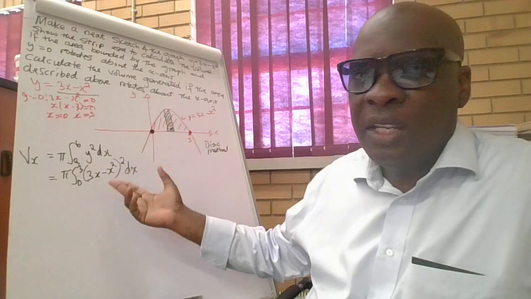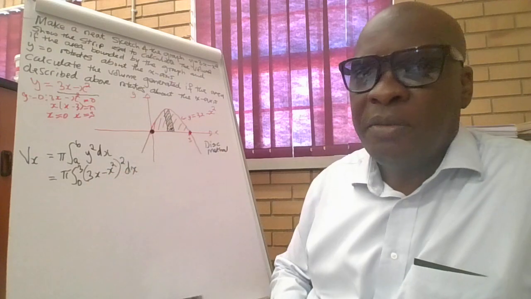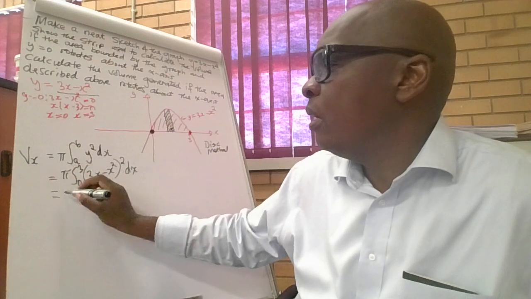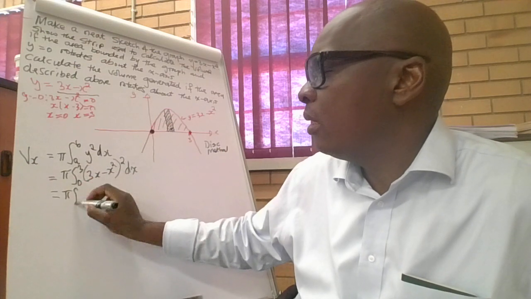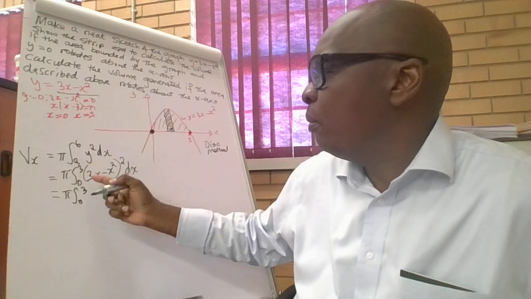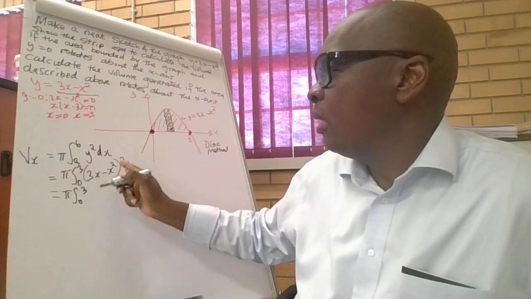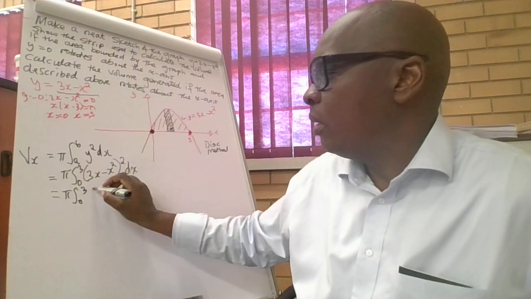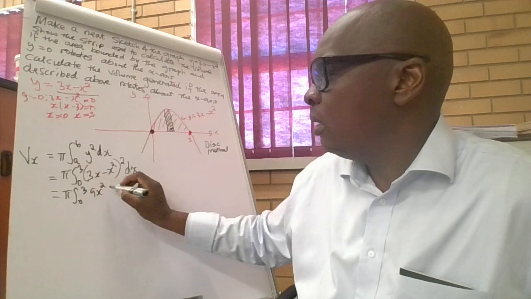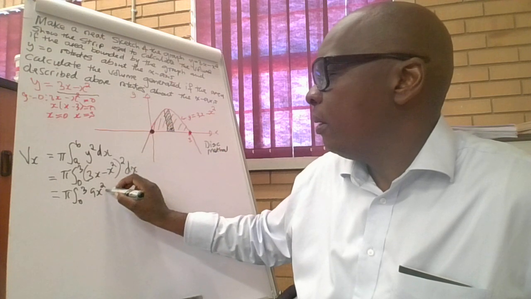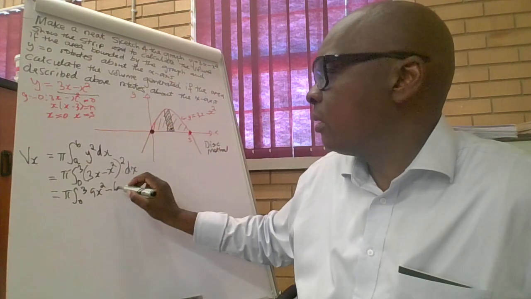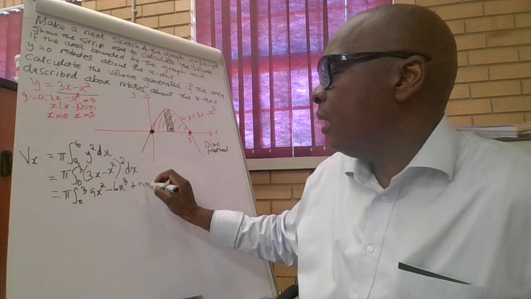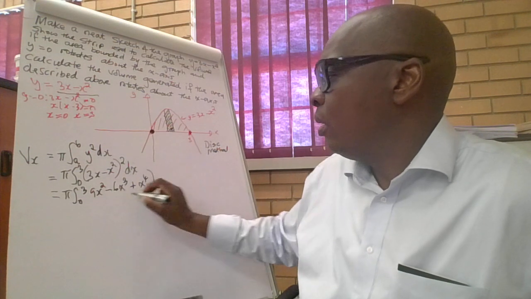Now, before we can integrate, we need to simplify the integrand. If we break this bracket, in other words, square 3x minus x squared, we'll end up with 9x squared minus 6x cubed plus x to the power 4, like that.